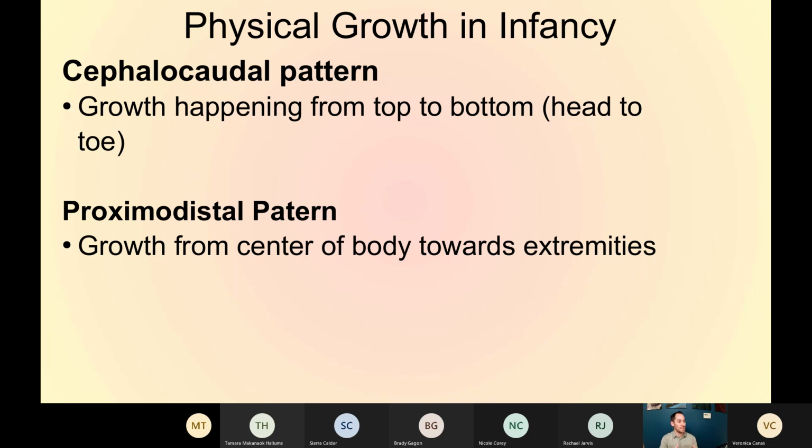So cephalocaudal means you're growing from top to bottom. So an infant's head will grow first before the lower extremities. Proximal distal is growing from the center of your body towards the extremities. So the head and the trunk basically grow first, and then the extremities grow after that.